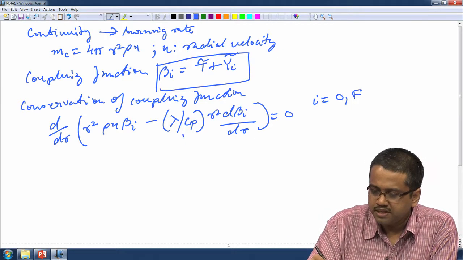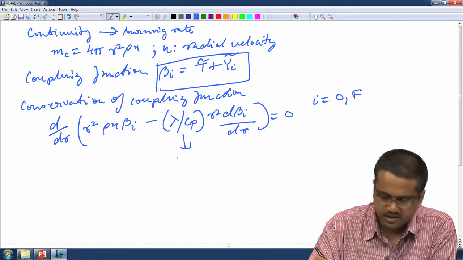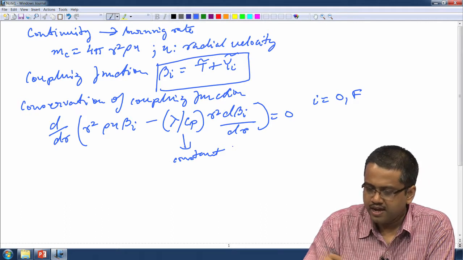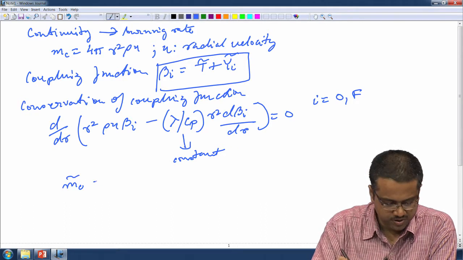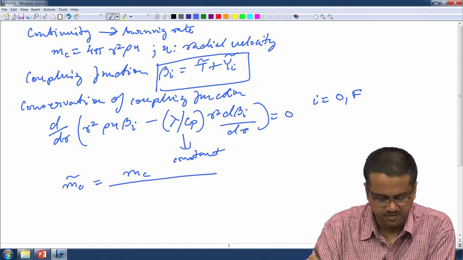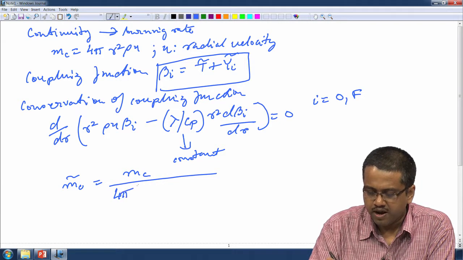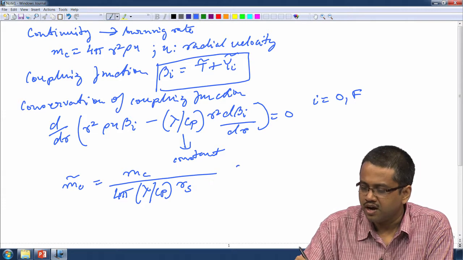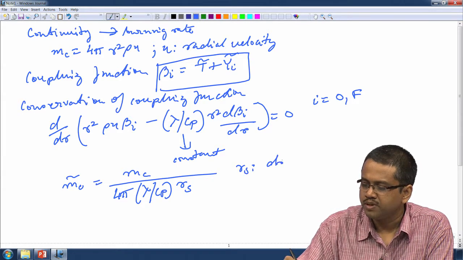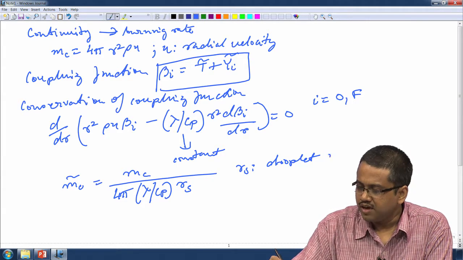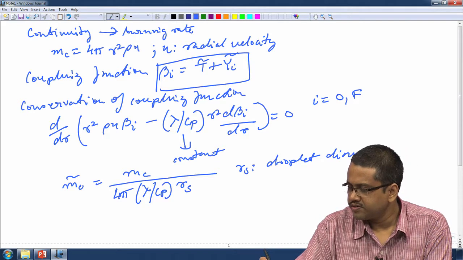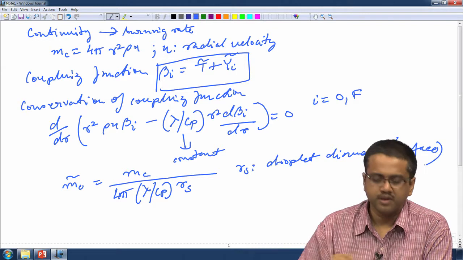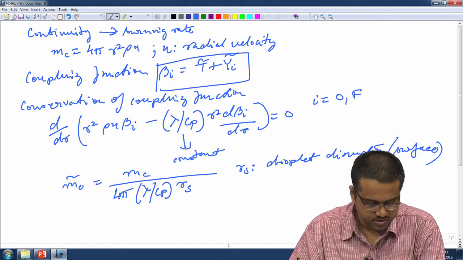We are assuming that this lambda by Cp is basically a constant. We are also defining this m dot c as m_c divided by 4 pi lambda by Cp into Rs, where Rs is basically the droplet radius or the surface. So, you got it.